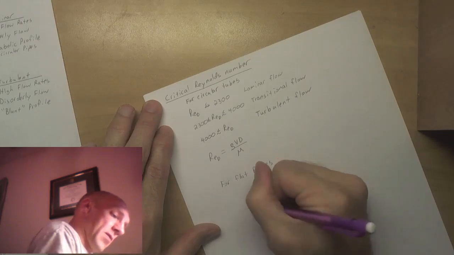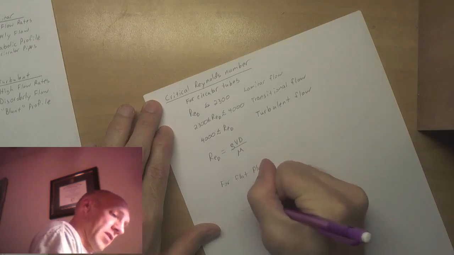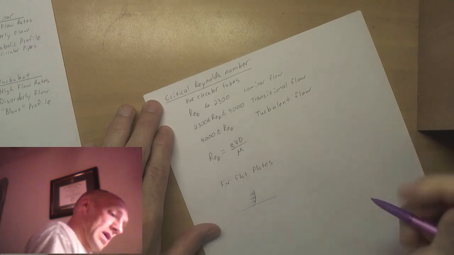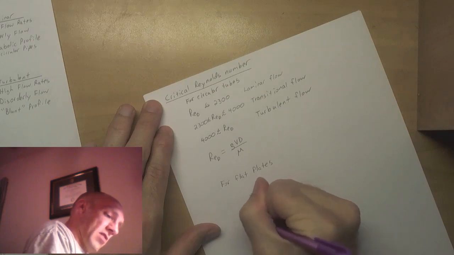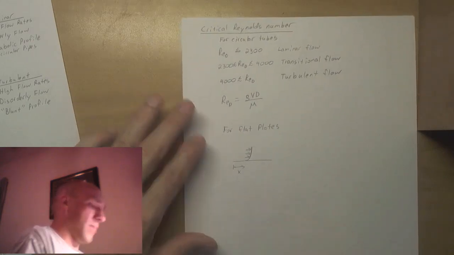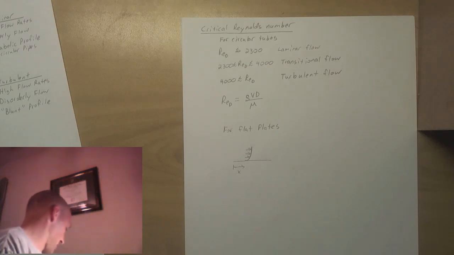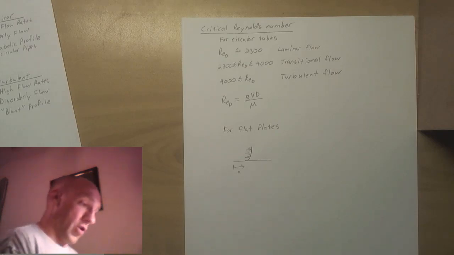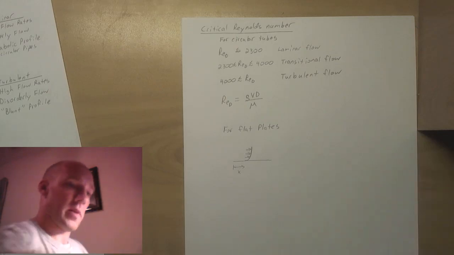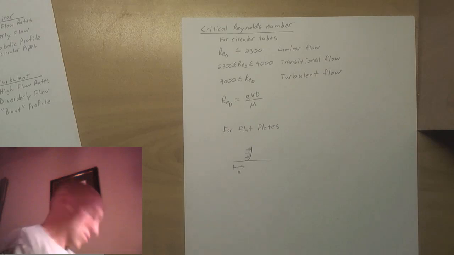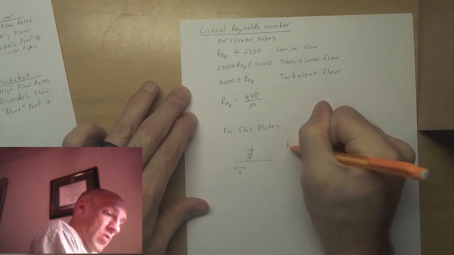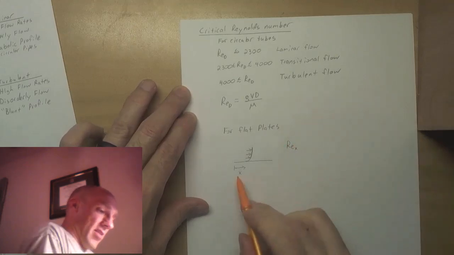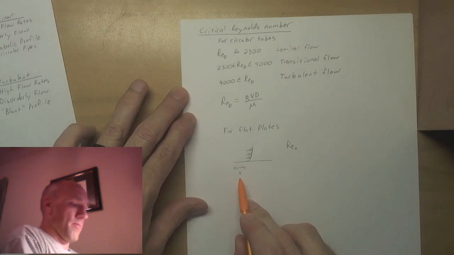so we have a flat plate, we have a velocity profile that looks something like this. This is usually taken to be the x value, so along the flow. And the critical Reynolds number in this case is typically taken to be a much larger number. So in this case, we use the Reynolds number using x as the characteristic length.